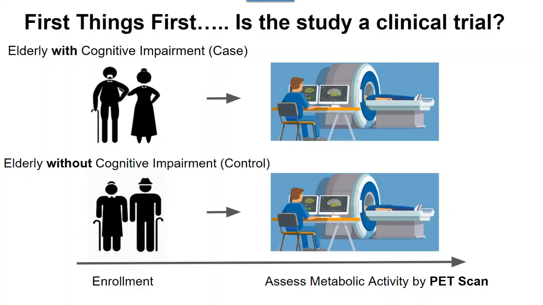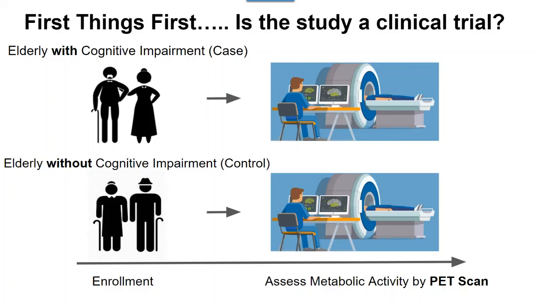So in this example, PET scan is probably considered more than minimal risk research-specific procedure, but it is not an intervention, right? Because having a PET scan or not does not change the health outcome or change the course of patient care.